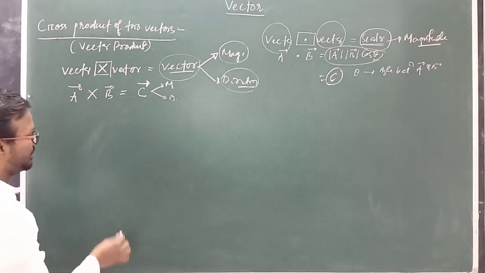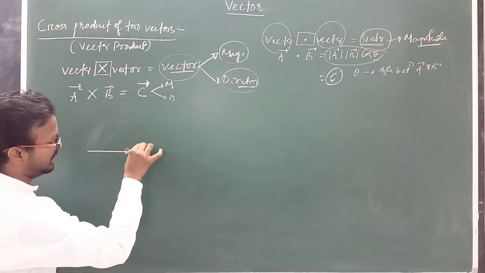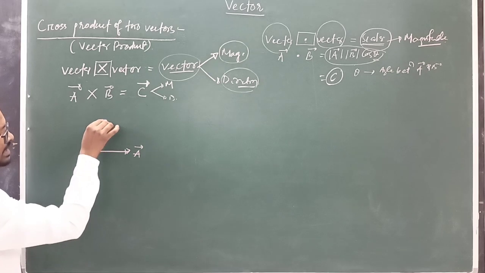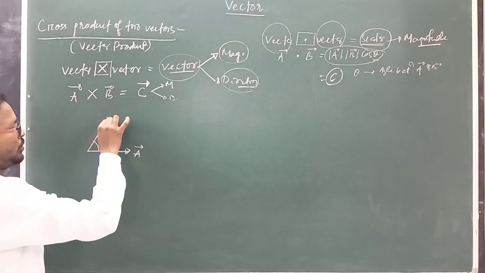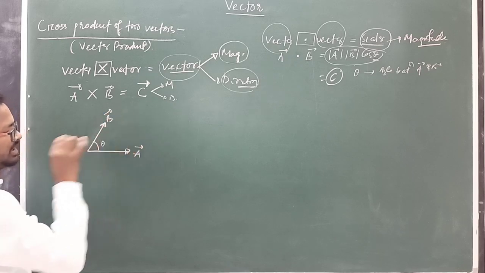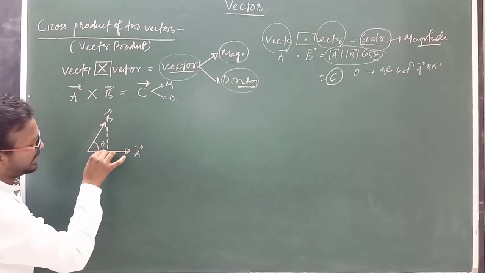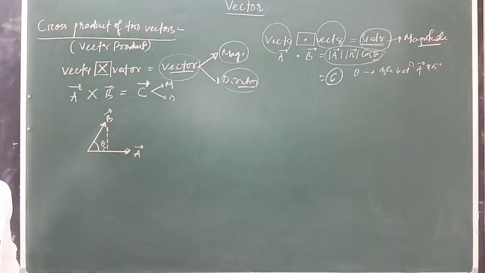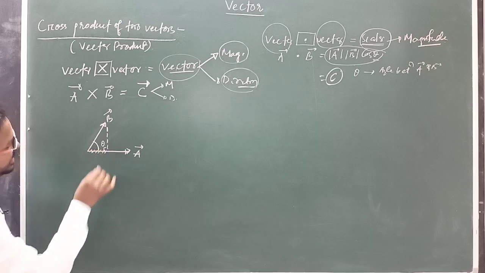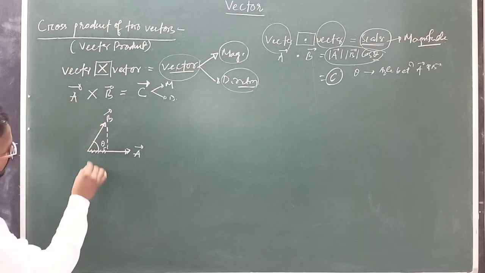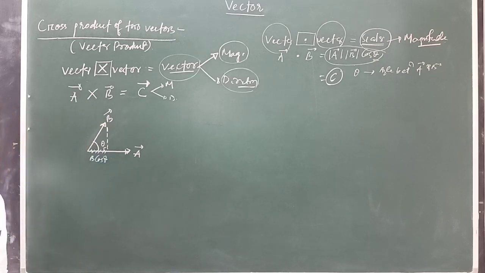Suppose I am writing here, this is vector a in this direction, and another vector b which makes an angle theta with vector a. So in this case we have to draw a perpendicular here, this angle is 90, and this is the rectangular component of vector b, which can be written as b cos theta, clear.